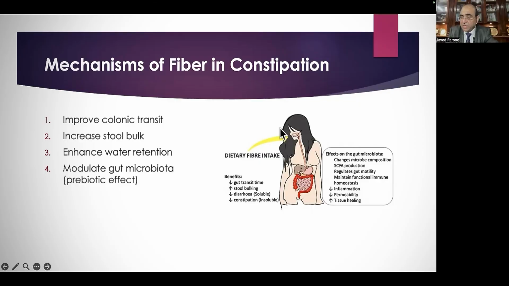And they modulate gut microbiota, that is the prebiotic effect. So all these are the different mechanisms with the help of which fibers help in constipation. They improve colonic transit, increase stool bulk, enhance water retention within the lumen, and modulate gut microbiota through their prebiotic effect.